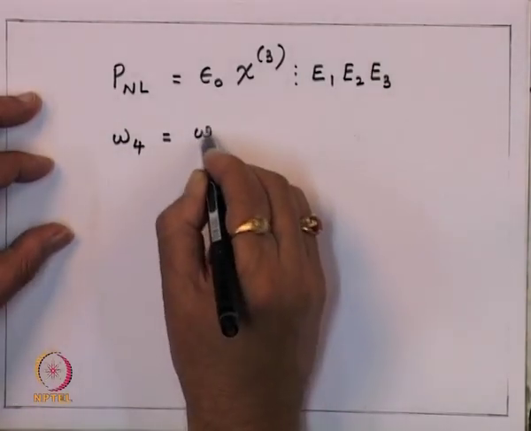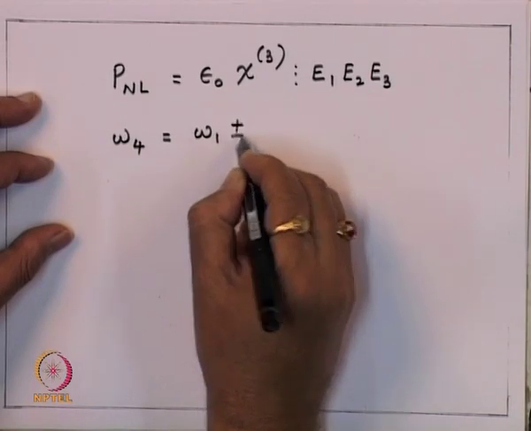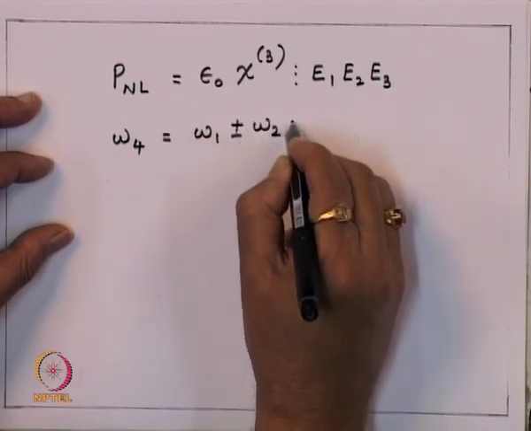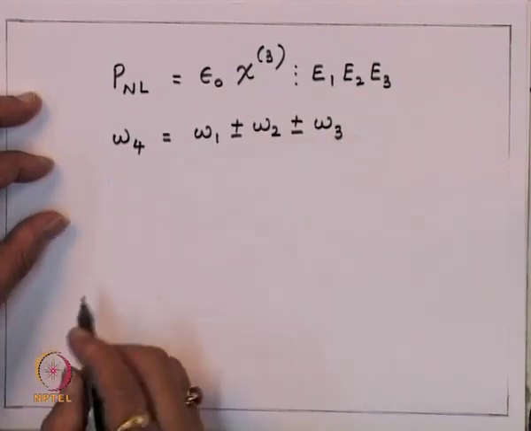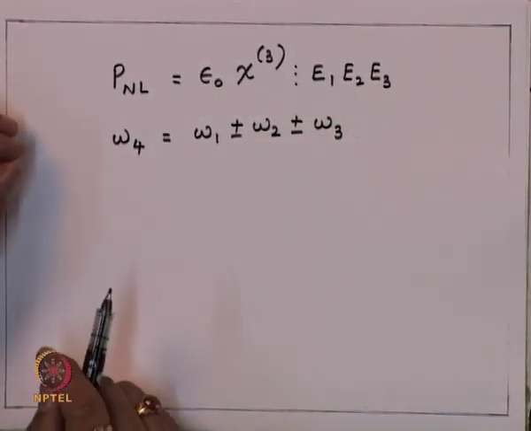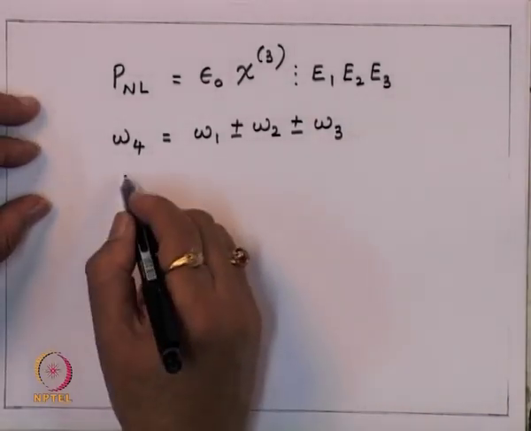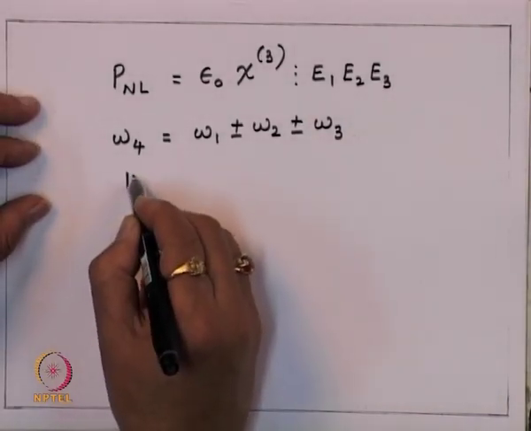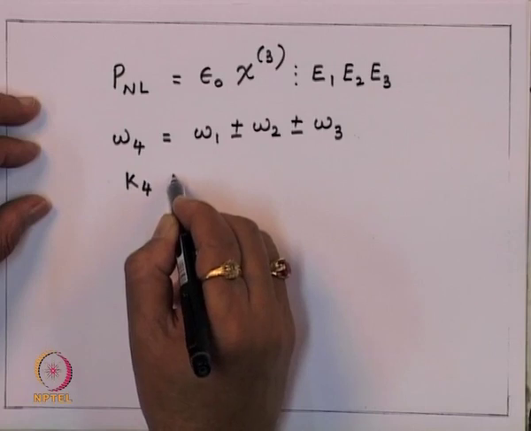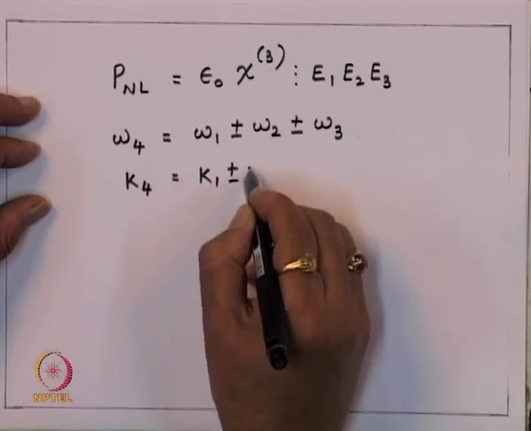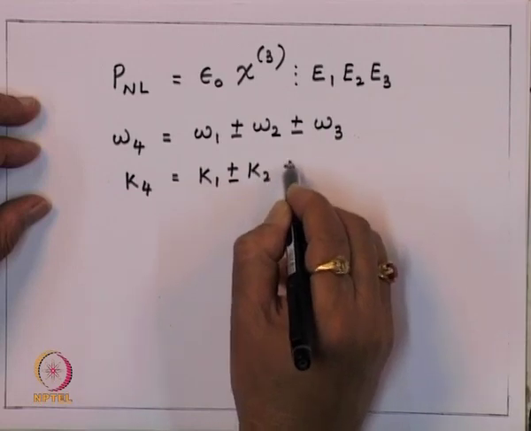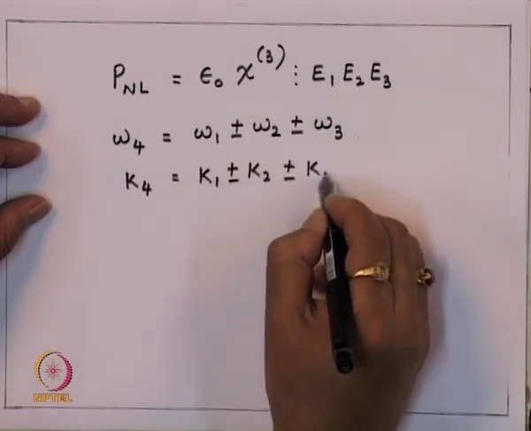They will produce frequencies omega 1 plus minus omega 2 plus minus omega 3, and they will have wave numbers k 1 plus minus k 2 plus minus k 3.